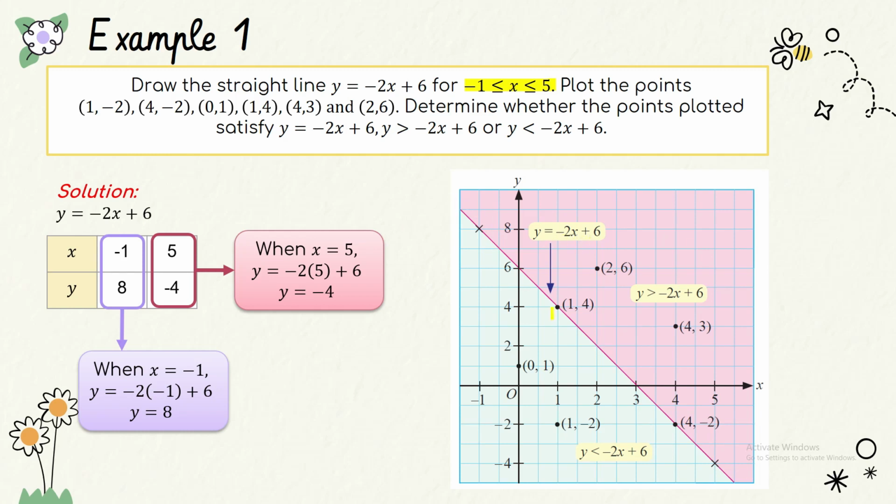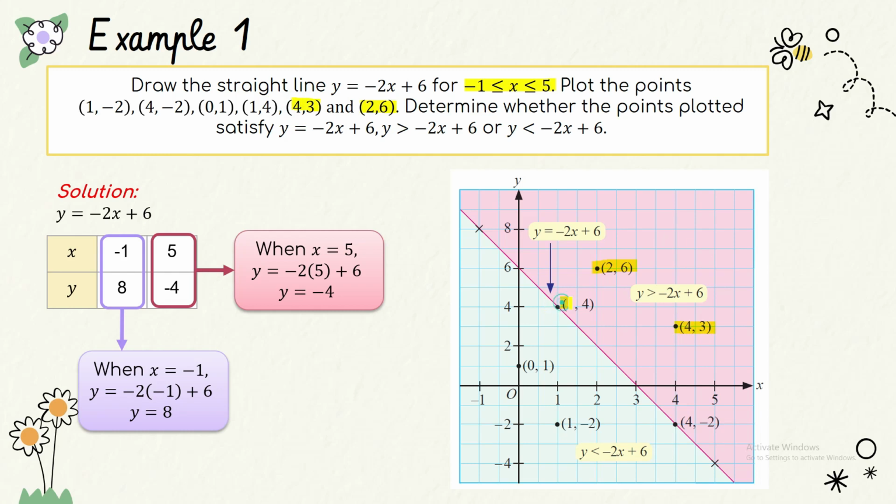After we draw this straight line, now we plot the points that have been given. There are 6 points here. Okay, this one is point 2, 6, this one. Then we plot point 4, 3, okay, this one.